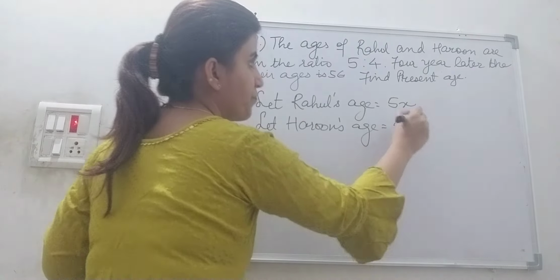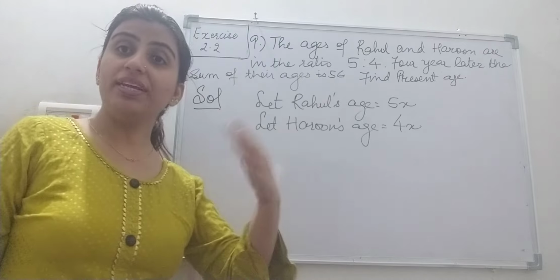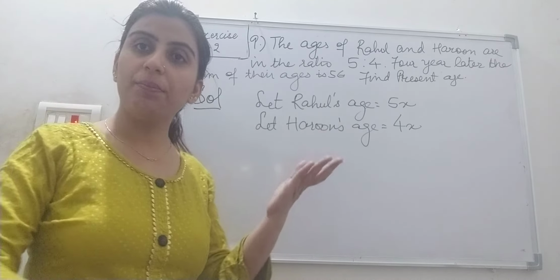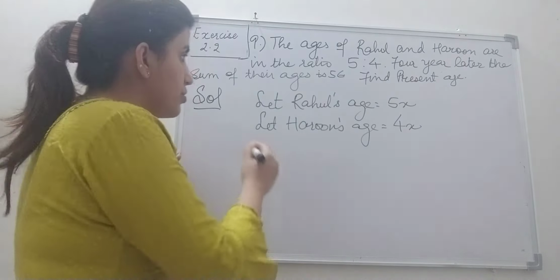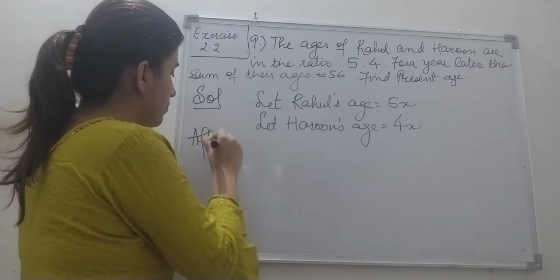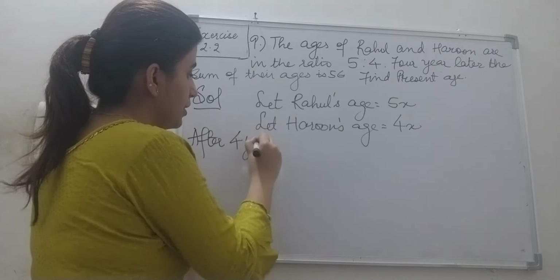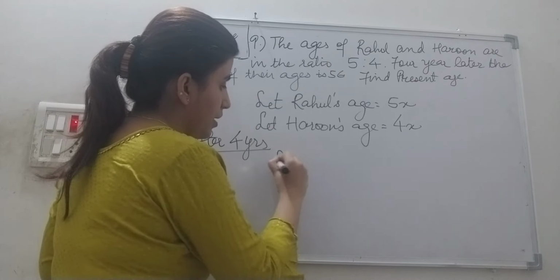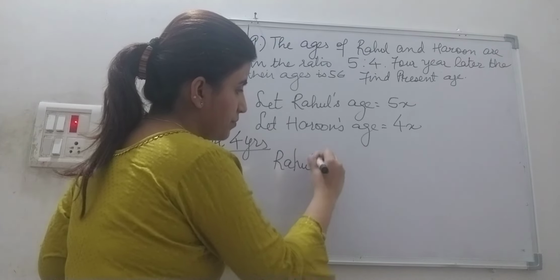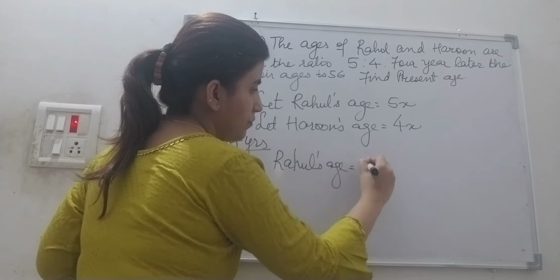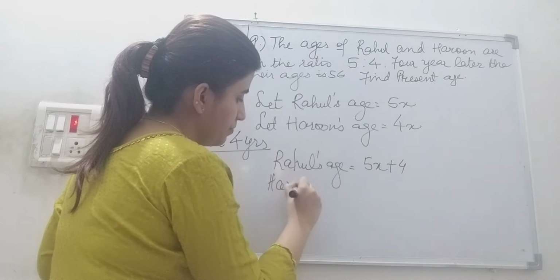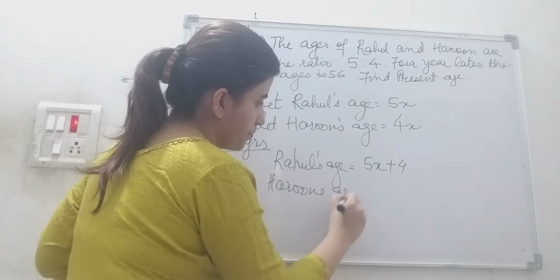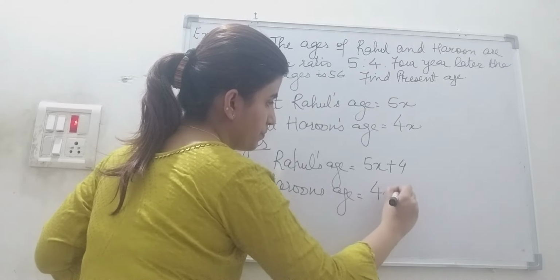Now they say 4 years later, आज से 4 साल बाद. 4 साल बाद means both of their ages will be increased by 4. So after 4 years, Rahul's age will be 5x plus 4, Harun's age 4x plus 4.